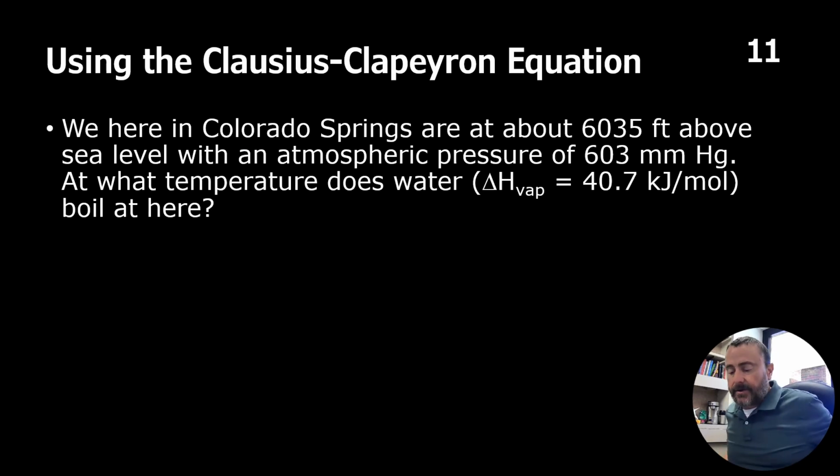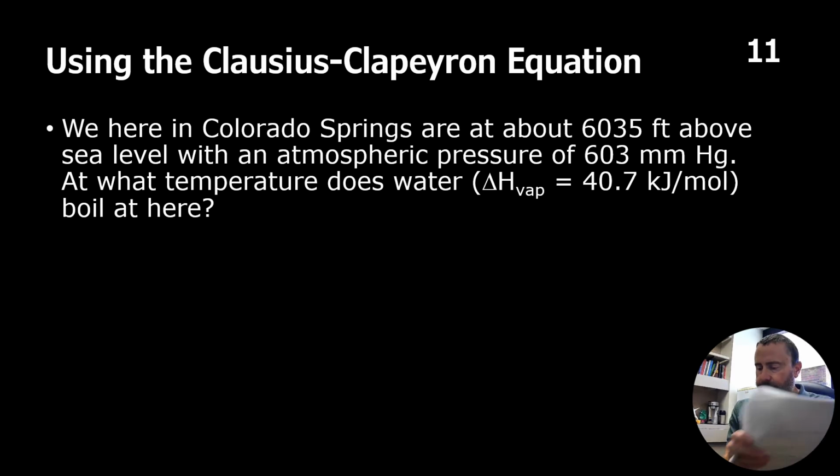Okay, so here we are in Colorado Springs. At what temperature does water boil here? Let's solve for that. We are at about 6,035 feet above sea level, and we have an atmospheric pressure usually around 603 millimeters of mercury.